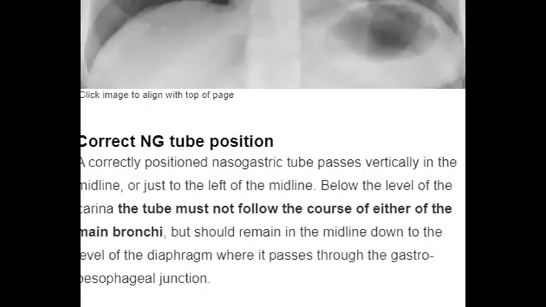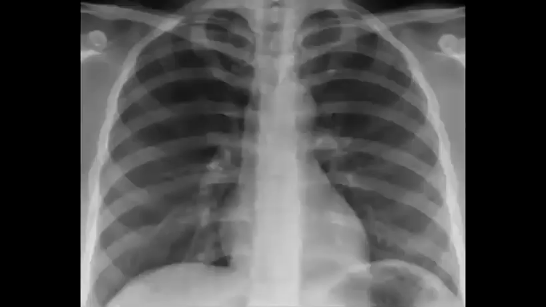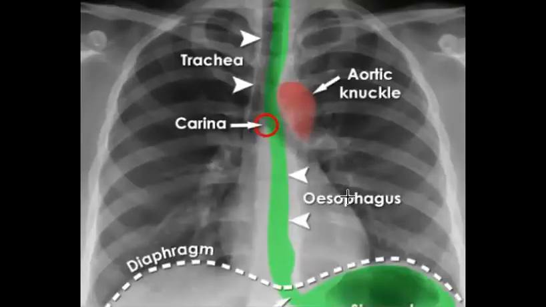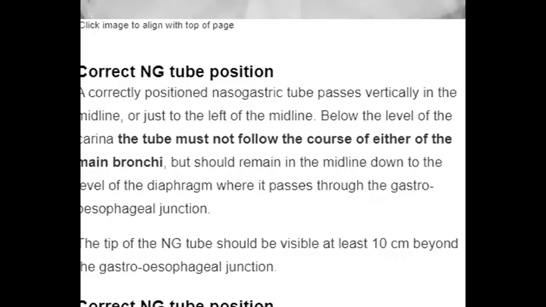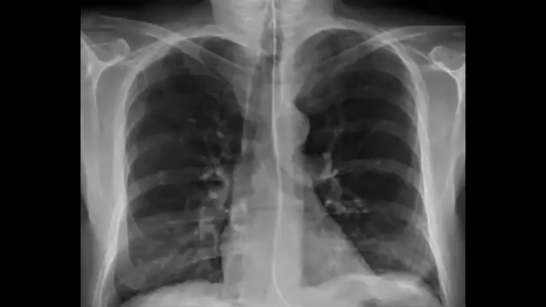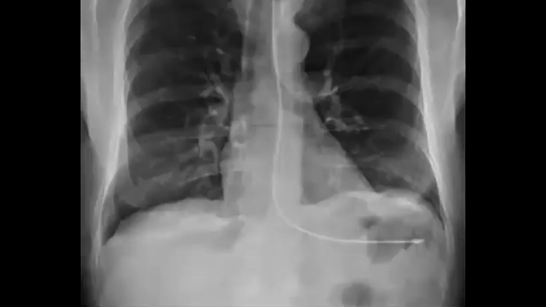Let's check the esophageal part. We consider that the gastroesophageal junction will be here, and this is the line where the nasogastric tube will be inserted, and this should be the trachea, and again the carina and the aortic knuckle. What happened here with this nasogastric tube?